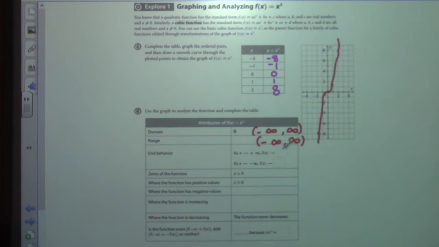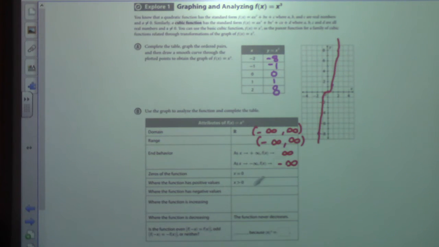Up. So as x approaches positive infinity, f of x approaches positive infinity. As x approaches negative infinity, f of x approaches negative infinity. So that's characteristic. Zeros of the function, we have x equals 0. That's the only 0 of the function.